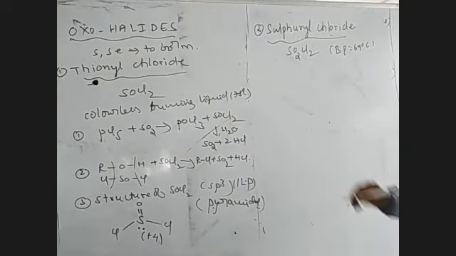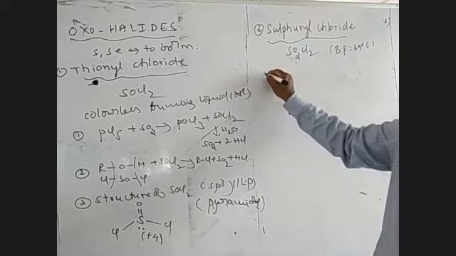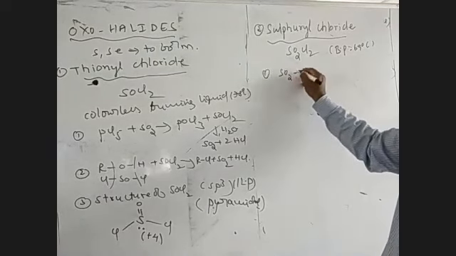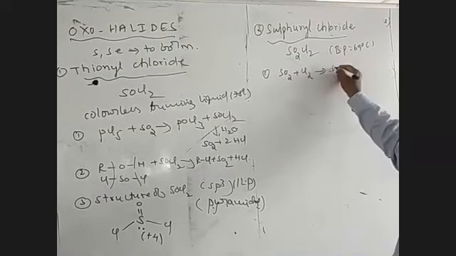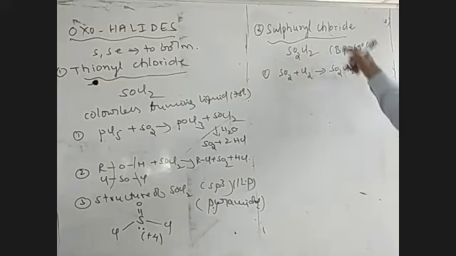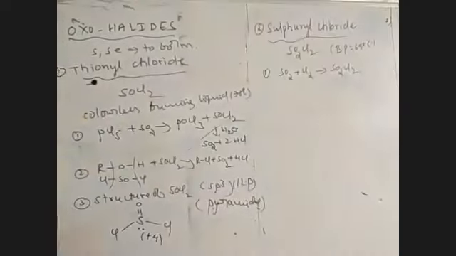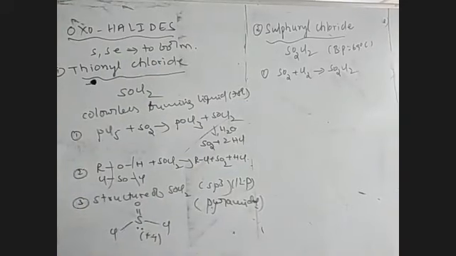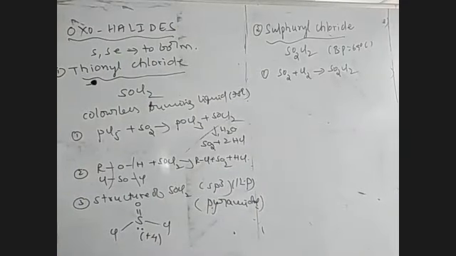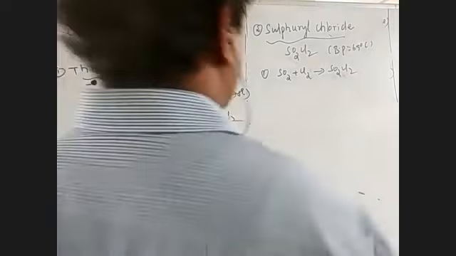This can be prepared when SO2 reacts with Cl2 to form a compound. SO2Cl2 is known as sulfuryl chloride.